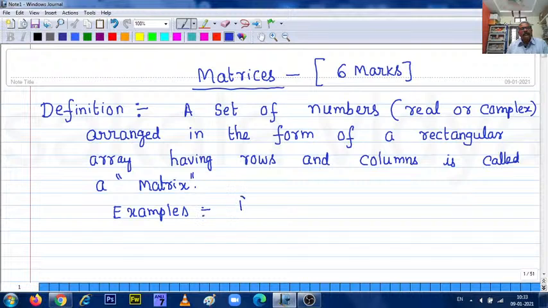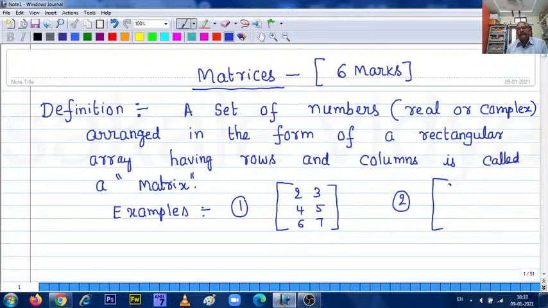So examples, we shall give as many examples. First example: 2, 3, 4, 5, 6, 7. Second example, you take like this: A1, A2, A3, B1, B2, B3, C1, C2, C3.